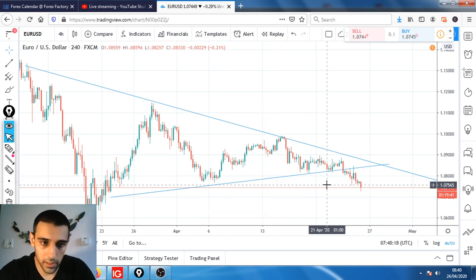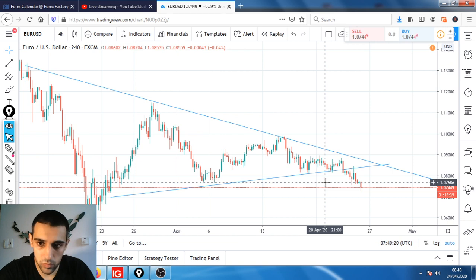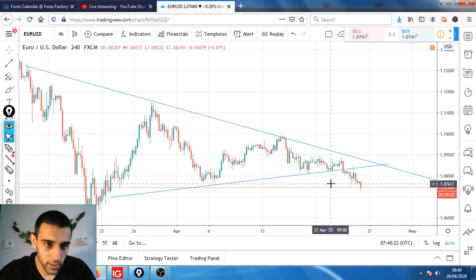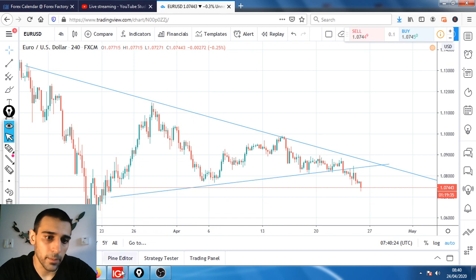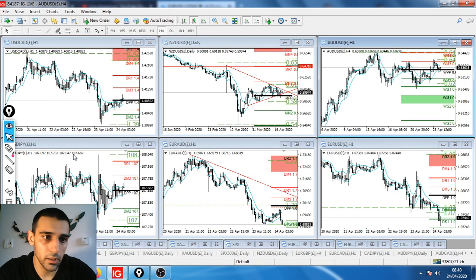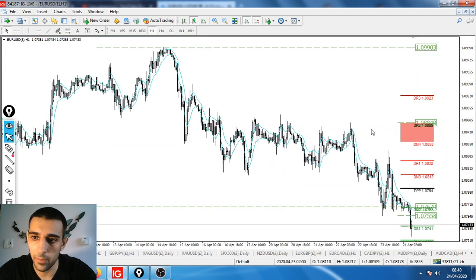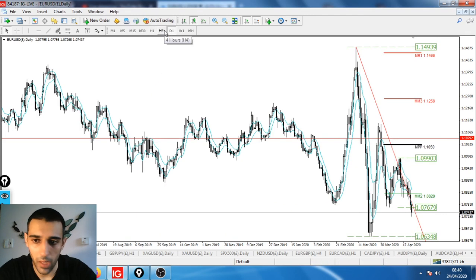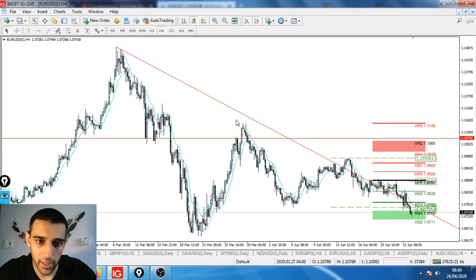So on this particular occasion, let's see. Okay, we might need to have a look at the euro against US. Okay, this is AUDUSD. I want to have a look at it because I can't place the pivots on these charts, and I do need to have a look at my MetaTrader 4.